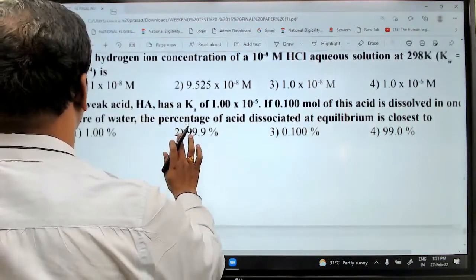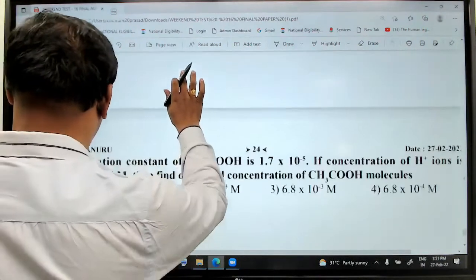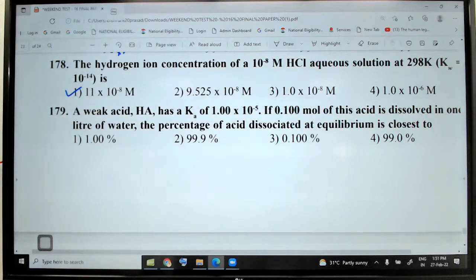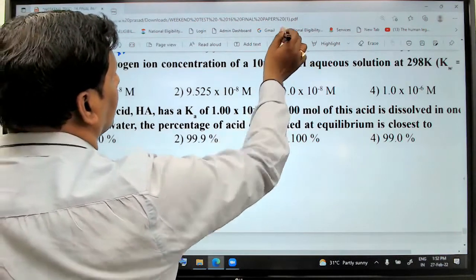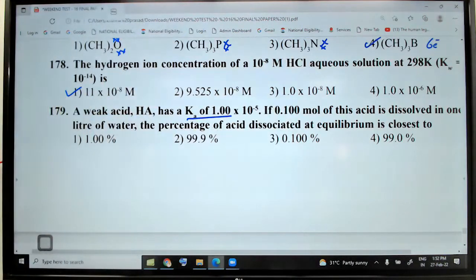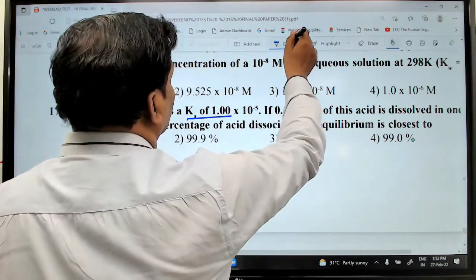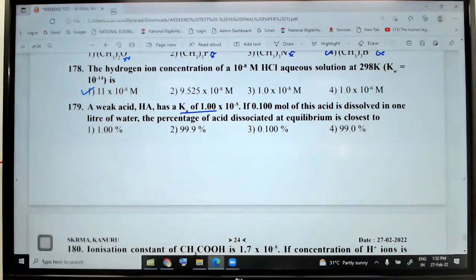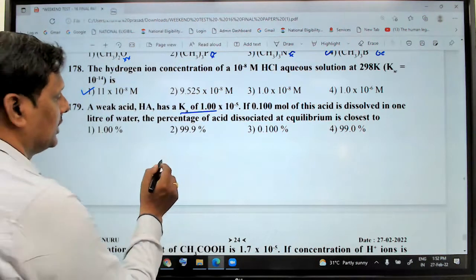देखो 179. अच्छा, ये Ka is given है. If 0.1 mole of this acid dissolved in 1 liter of the solution, मतलब 0.1 mole in 1 liter solution, what is the concentration?